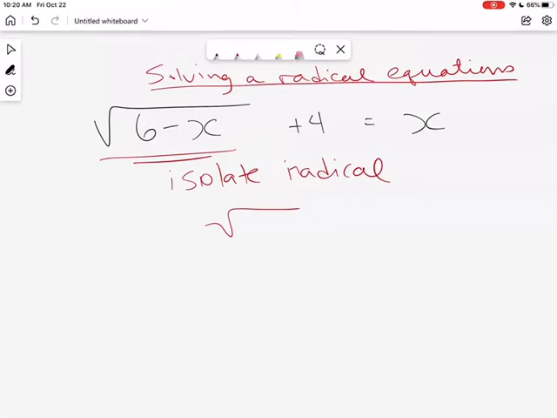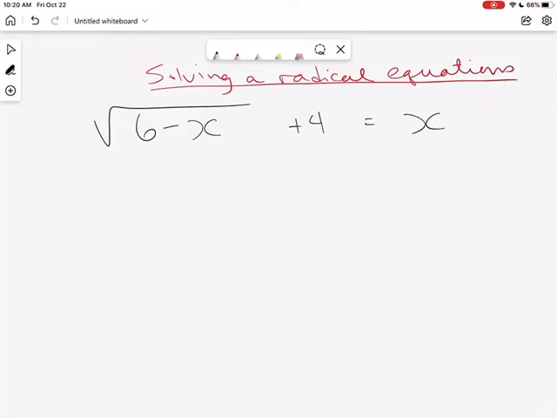We're going to isolate this radical. That means that I need to bring whatever is here, I need to throw it over there, okay? So I'm going to subtract 4 from both sides so that my radical is isolated and on its own.